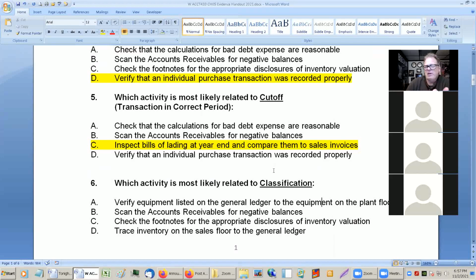Which of these would maybe be a problem with classification of it? The classification might be wrong. Is it C? No. Let's see here.